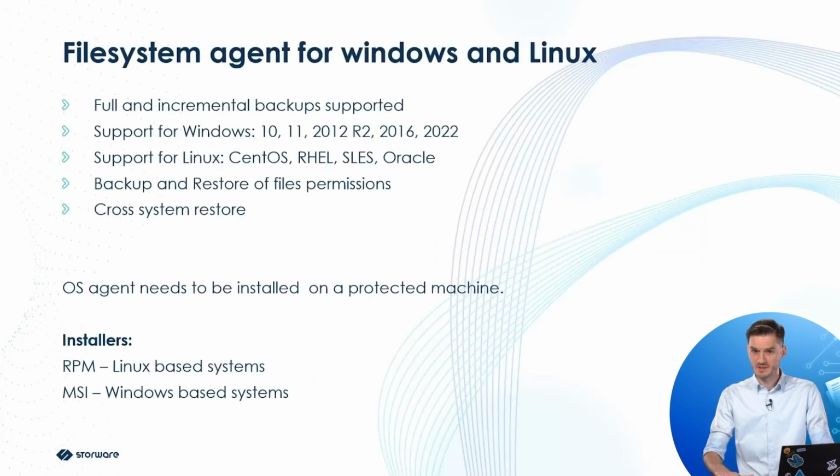The last slide of this presentation is the file system agent for Linux and Windows. We support full and incremental backups. In the case of Windows, you can protect Windows 10, Windows 11, 2012 R2, 2016, and 2022. In the case of Linux, you can protect CentOS, Red Hat, SLES, and Oracle Linux.